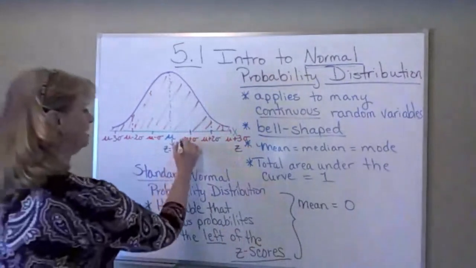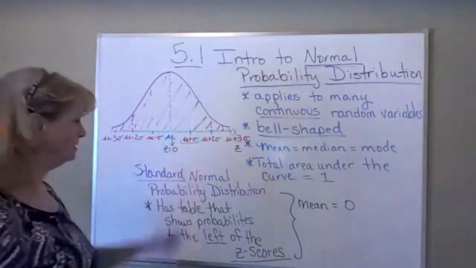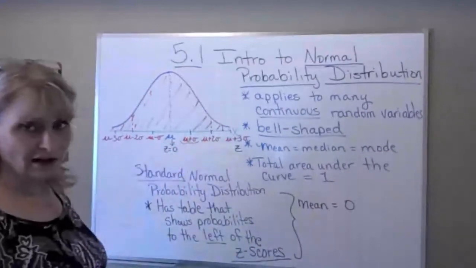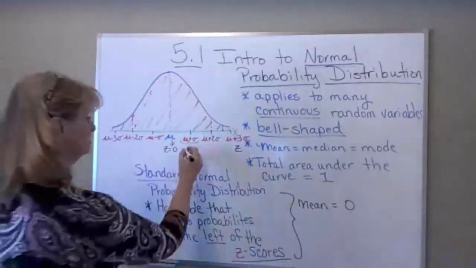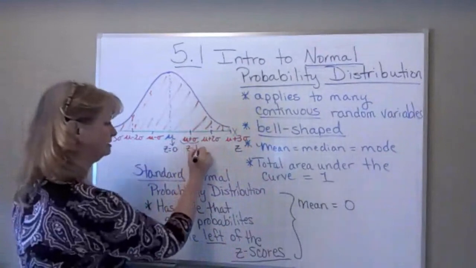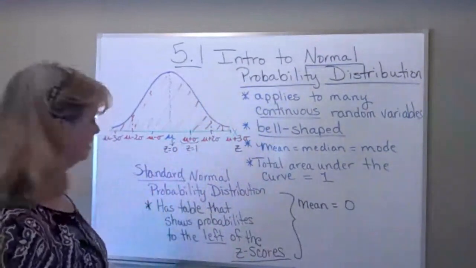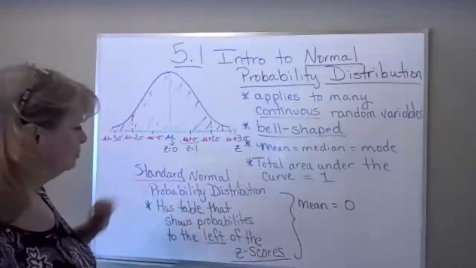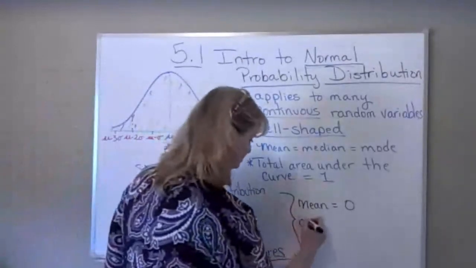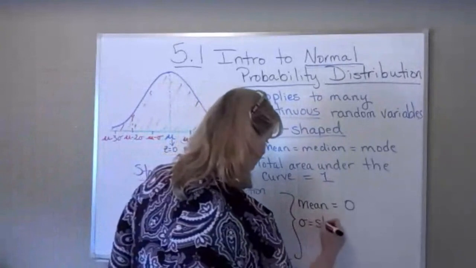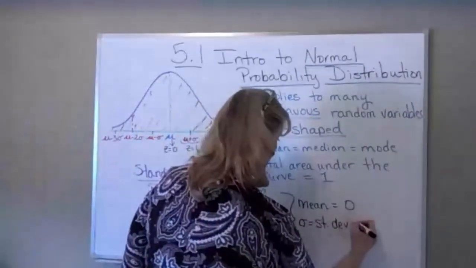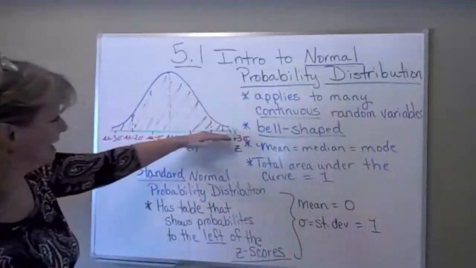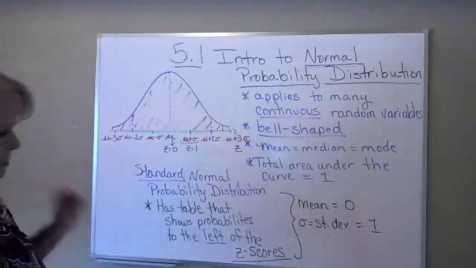And then when you find the standard deviation, the z-score for the data value that's 1 standard deviation to the right, the z-score for that is 1. And so that means the standard deviation for the standard normal distribution is 1. I'm going to show you another example after the break.